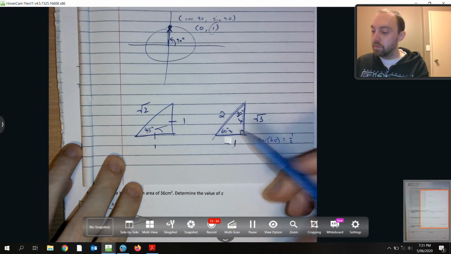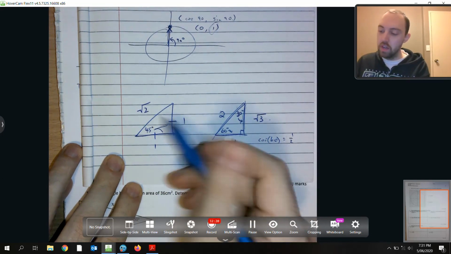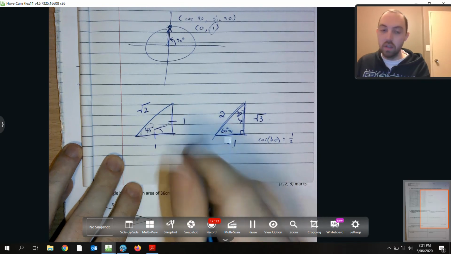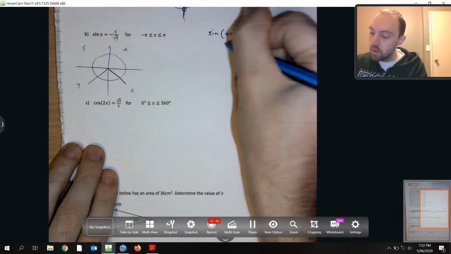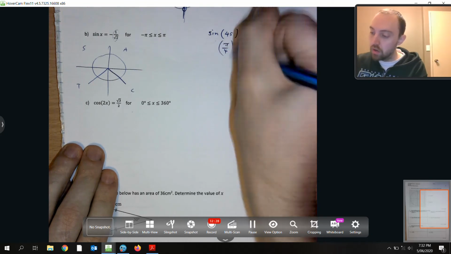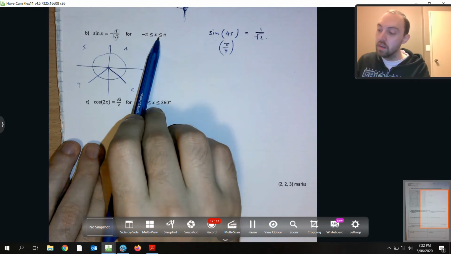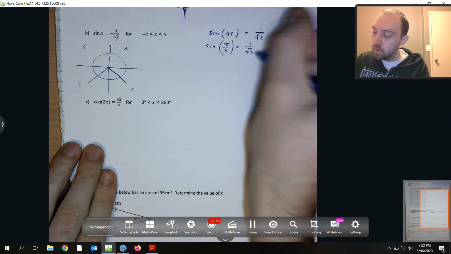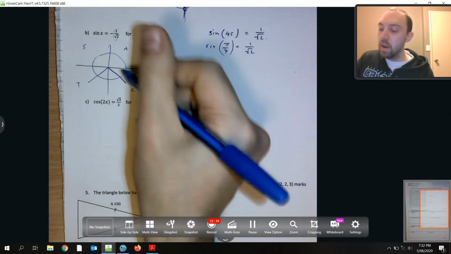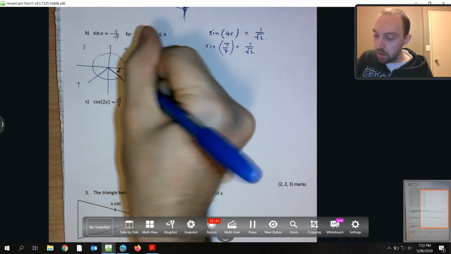To get 1 on root 2 by going opposite over adjacent has to be 45 degrees. So sine of 45 degrees, or pi on 4, because we actually need to use radians given that the domain is in radians, is 1 on root 2. So the angle that it makes with the x-axis has to be pi on 4.